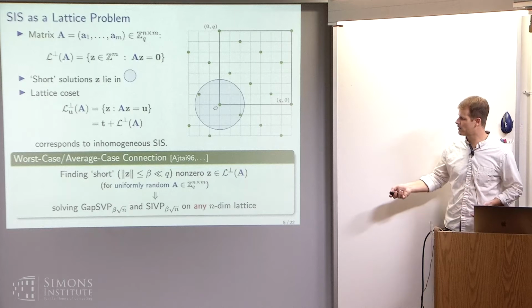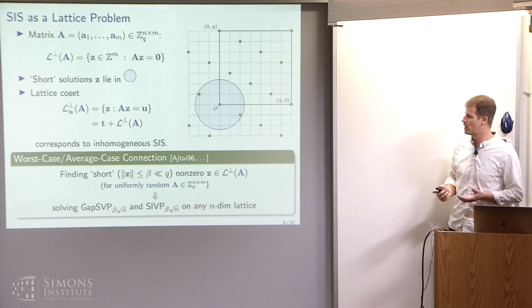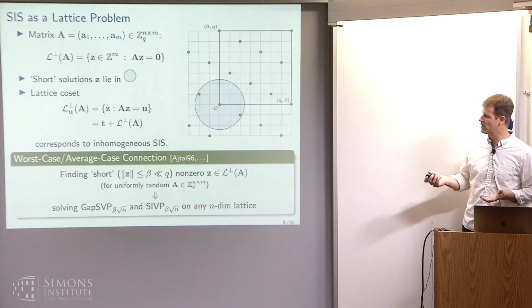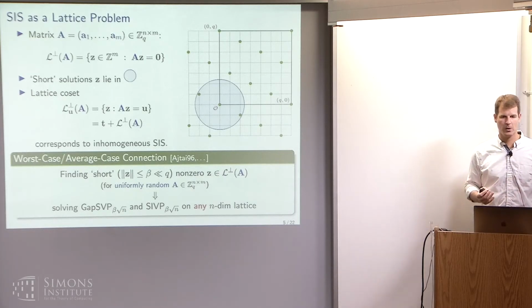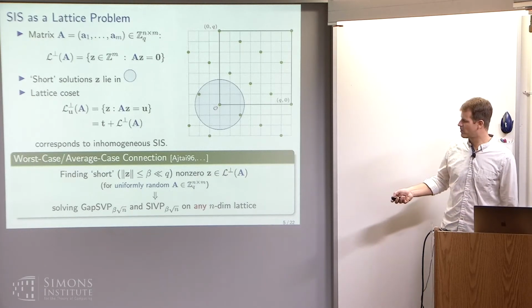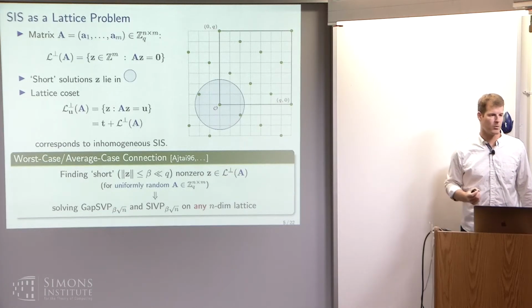So there's this root n slack between the length of the SIS solution and the approximation factor. Typically, we set beta to be some small polynomial in n, or maybe a bit more than a polynomial. In any case, these approximation factors are very hard to attain using our known algorithms.